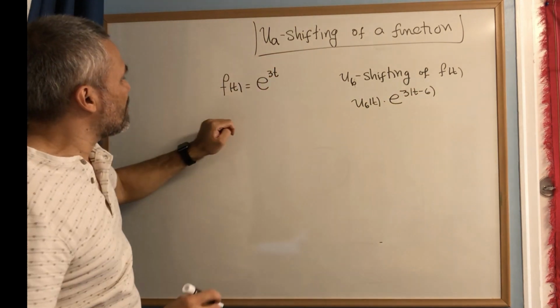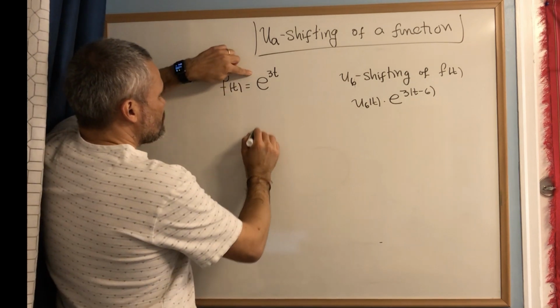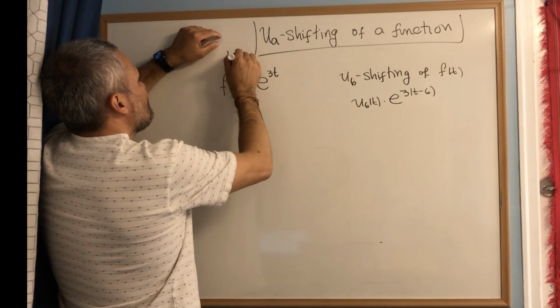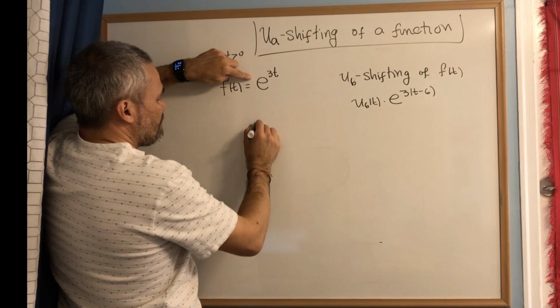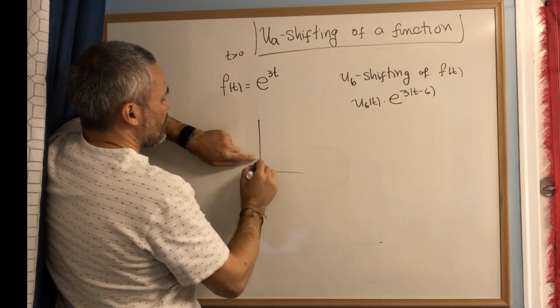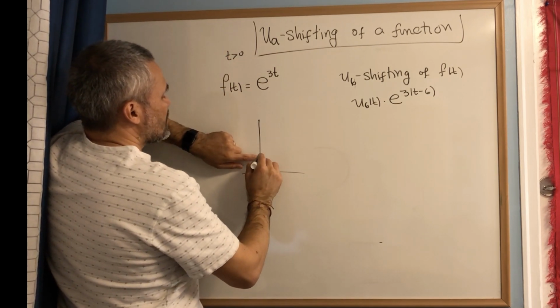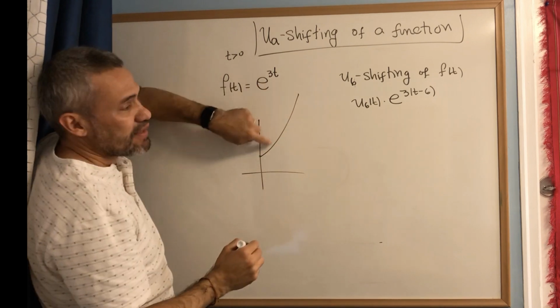I would like to remind you that the graph of this function, if we care about t bigger than 0, is an exponential function. At t equals 0 it is 1, and it grows like that.